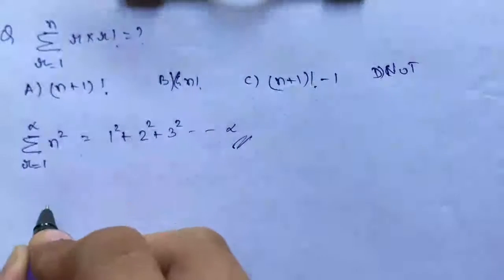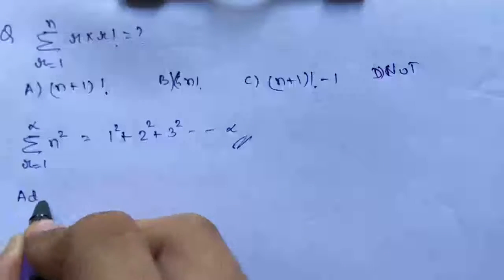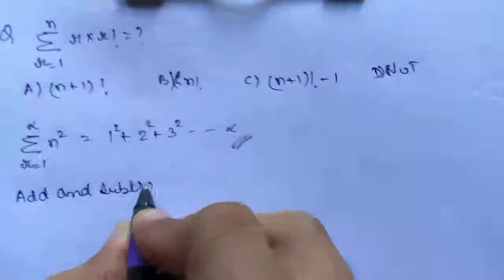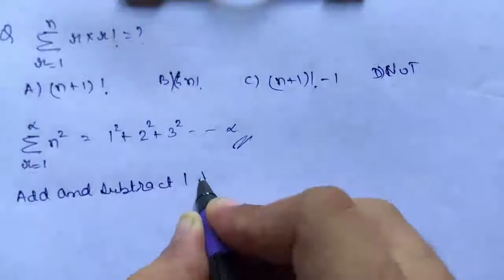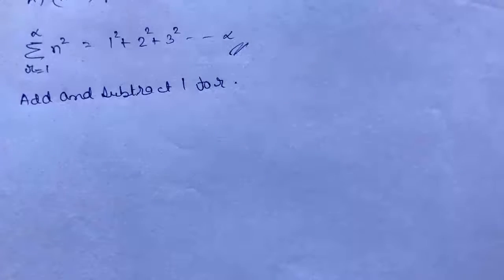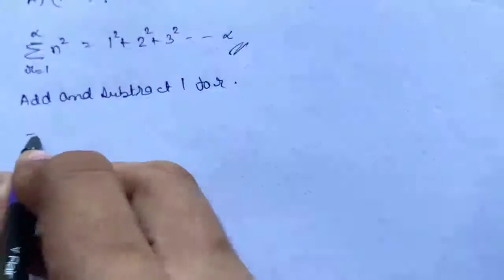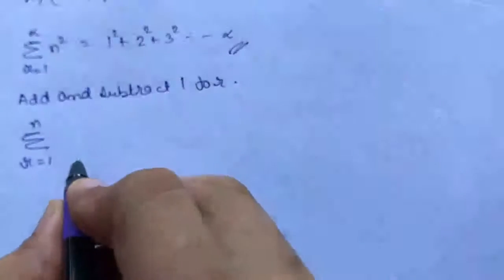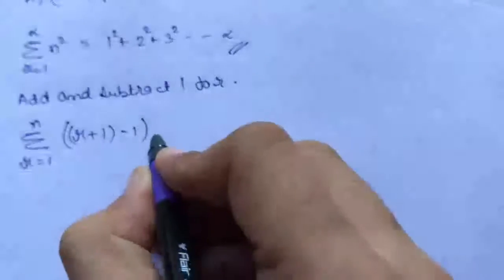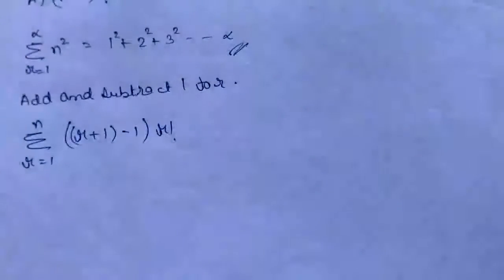What we'll do is add and subtract 1 to r. If we add and subtract 1 to r, our question will be summation r is equal to 1 to n of (r plus 1 minus 1) into r factorial.